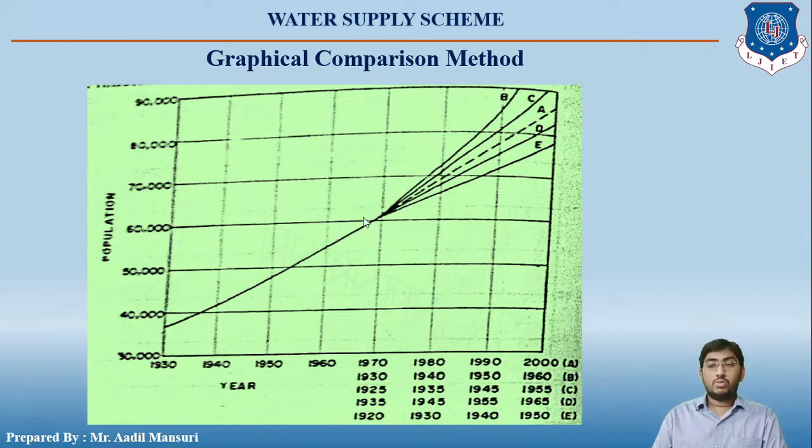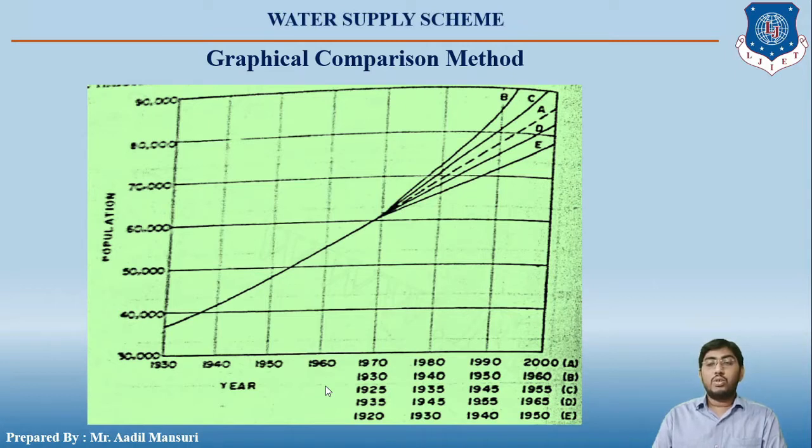Here you can see that the line showing city A is the city under our consideration, and city B, city C, city D and city E are cities which have already grown. The method consists of plotting curves of the cities that, one or more decades ago, had reached the present population of the city under consideration.